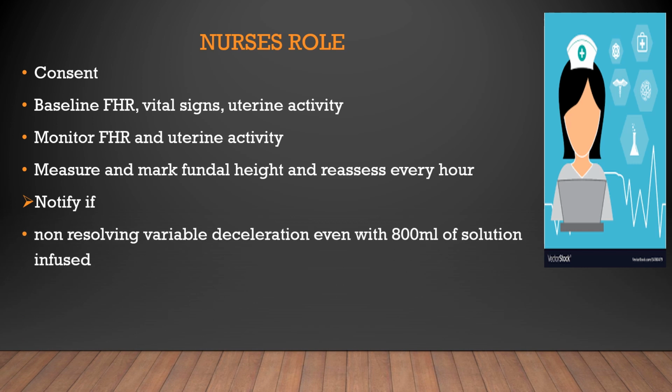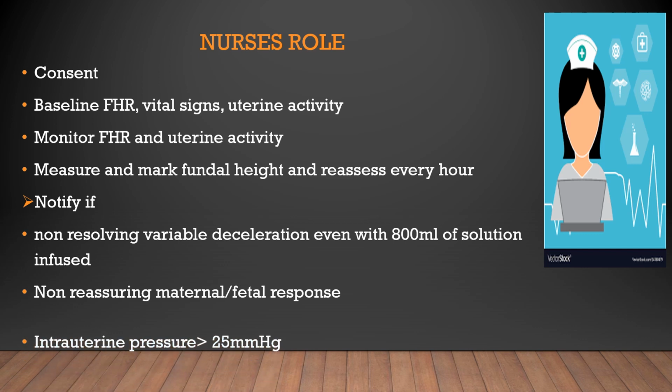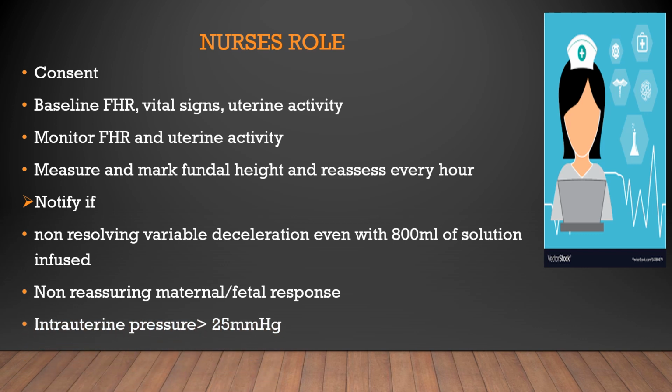Notify if, after giving a solution of 800 ml, the problem is still not resolving and deceleration is there, then you have to notify the doctor. Or if there is a non-reassuring maternal fetal response, or if intrauterine pressure is greater than 25 mm of Hg.